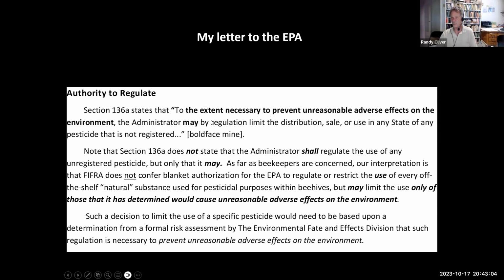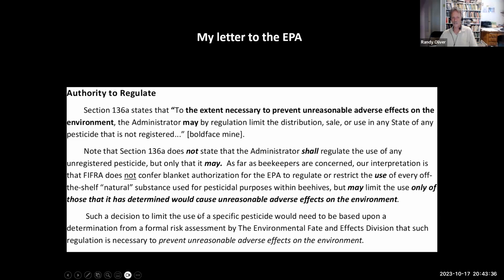We beekeepers are using that. So I said, as far as beekeepers are concerned, our interpretation, I widely spoke for you, is that FIFRA does not confer blanket authorization for the EPA to regulate or restrict the use of every off-the-shelf natural substance used for pesticidal purposes within beehives, but may limit the use only if the EPA has determined that that would cause unreasonable adverse effects on the environment.